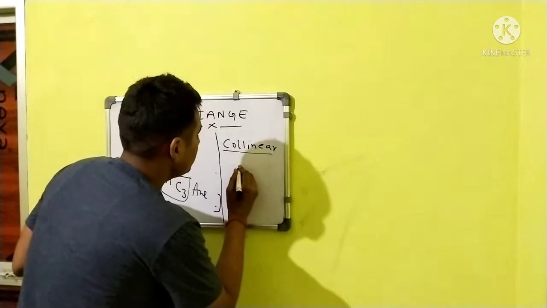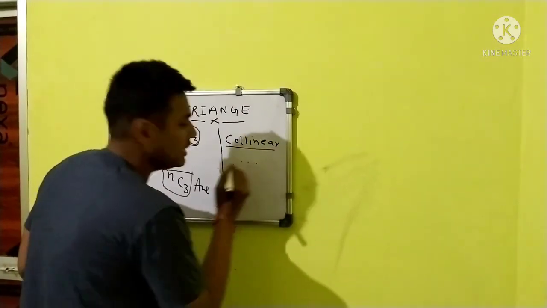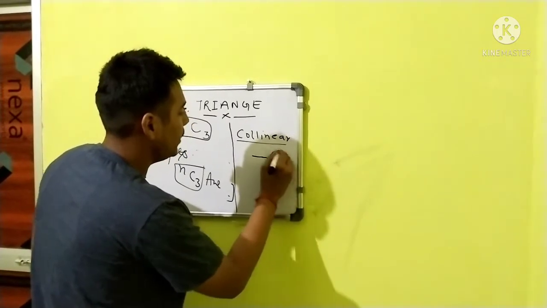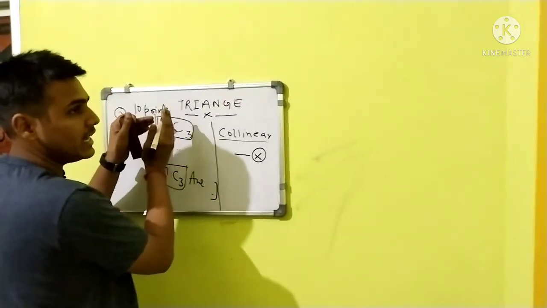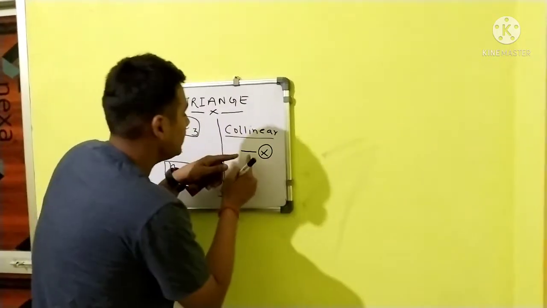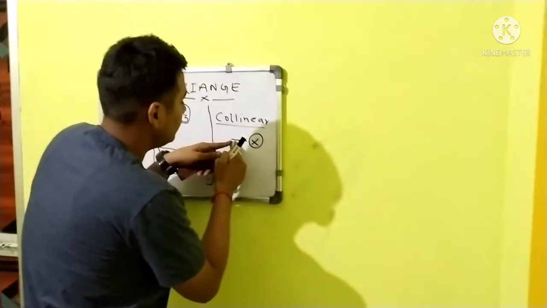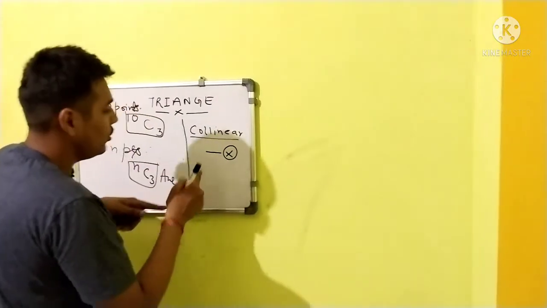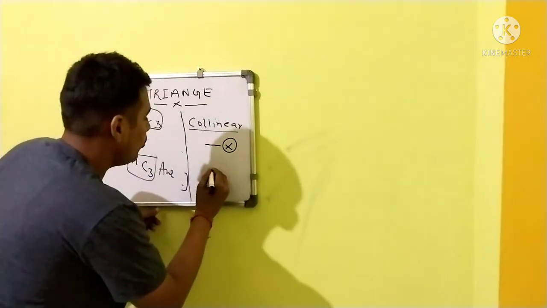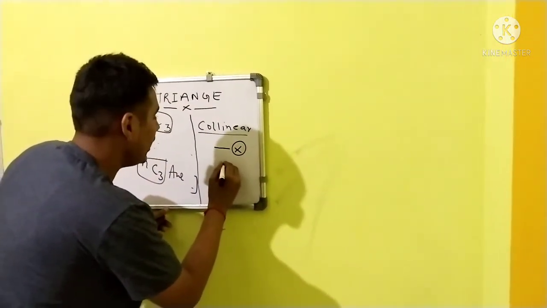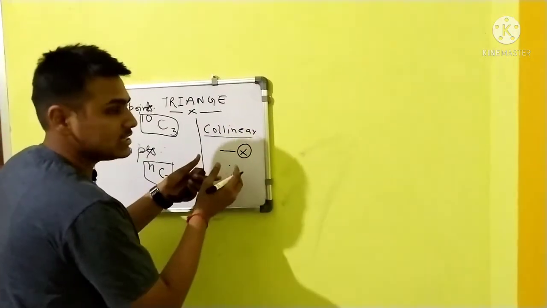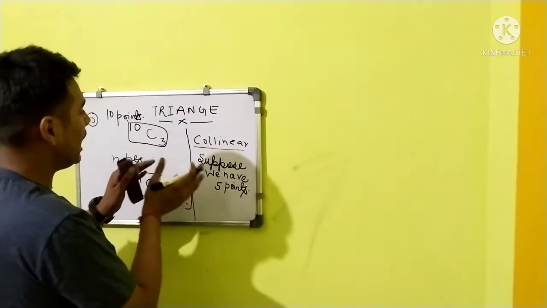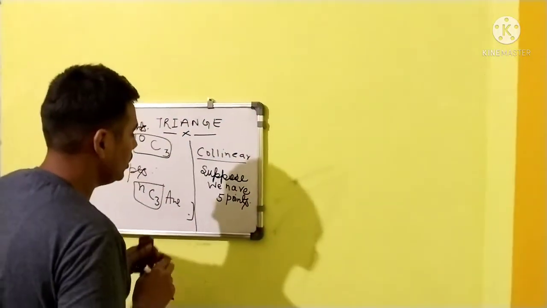But if 3 points are collinear, then we cannot draw a triangle, whereas in the non-collinear case we get one triangle. But if 2 points are collinear and 1 point is non-collinear, let us see how many triangles can be drawn from these points.